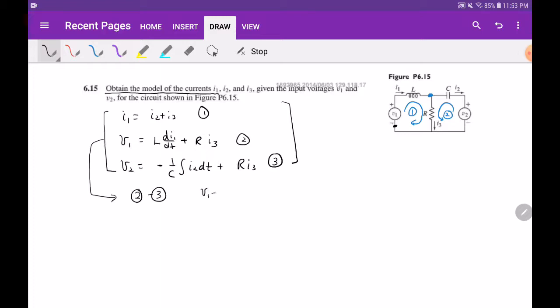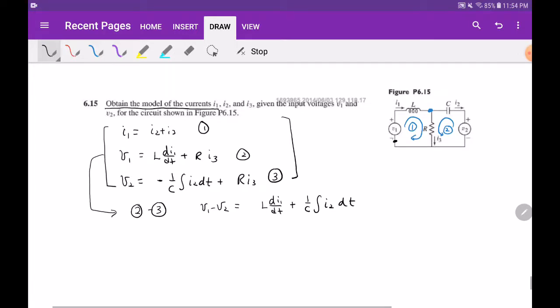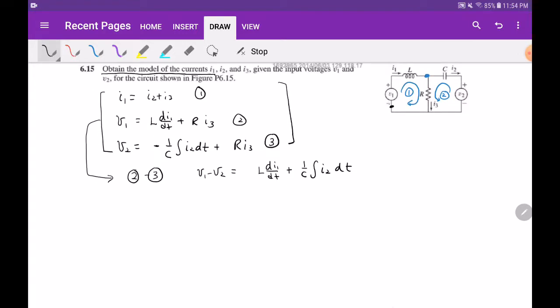So I have V1 minus V2, all functions of t, equals L di1 dt plus 1 over C times integral of I2 dt. Okay, this is still no good because I still have I2 to get rid of. Let me see.